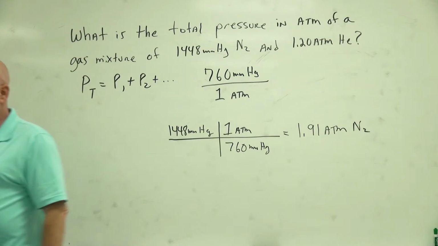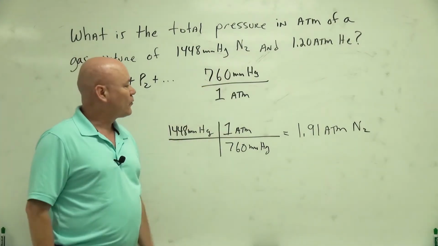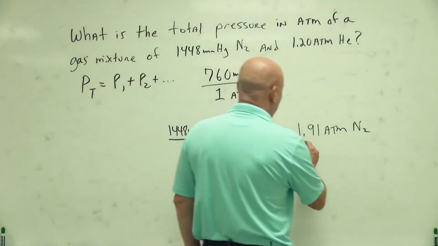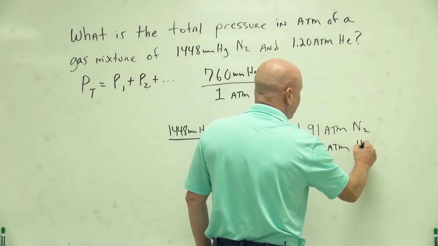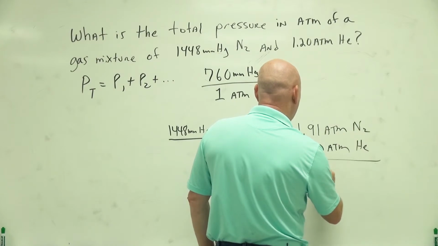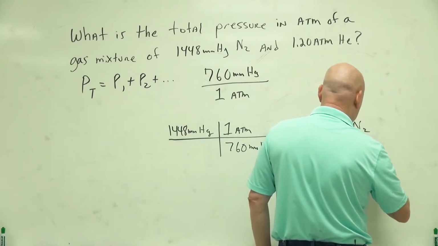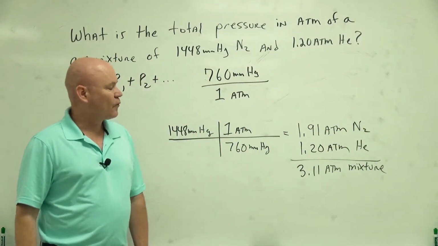Well, we've got our millimeters mercury into atmospheres, and we have atmospheres for helium, so all we need to do to get the total pressure now is to add them up. 1.91 plus 1.20 atmospheres helium, and we get 3.11 atmospheres for the mixture.